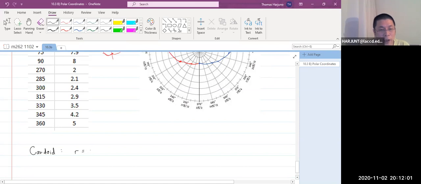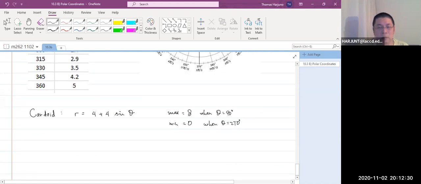So let's say r equals 4 plus 4 sine theta. Notice that the maximum happens at 8 when theta equals 90 degrees. The minimum is 0 when theta equals 270 degrees. Pictorially, it would be 4, 8, 4, 0. Like that.